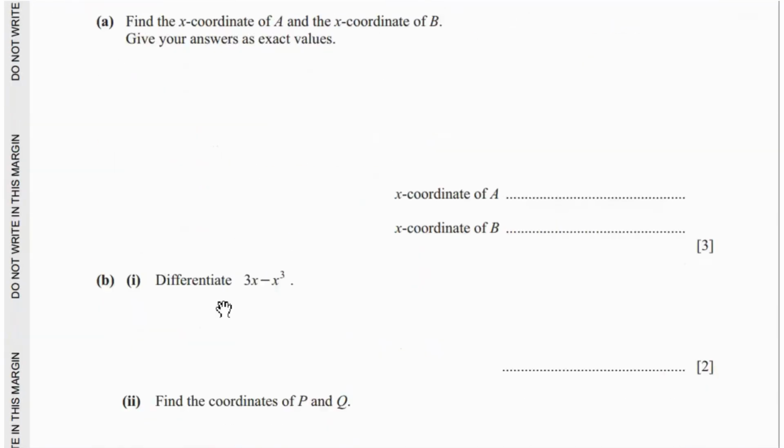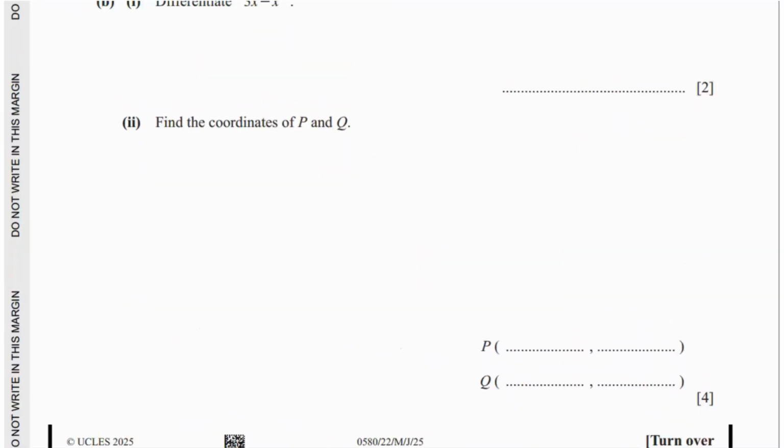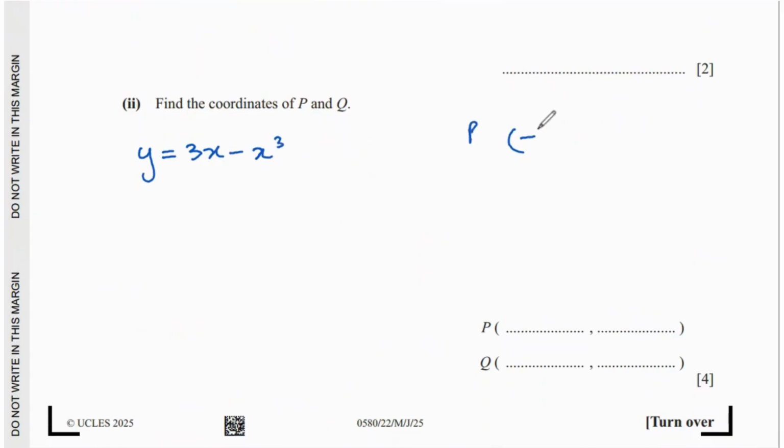So we have to now find the y values because it says coordinates. So the equation was y equals 3x minus x cubed. For P, the x coordinate is -1. For Q, the x coordinate is 1. So to find the y values, you put x equals -1 and 1 in the equation of the curve.